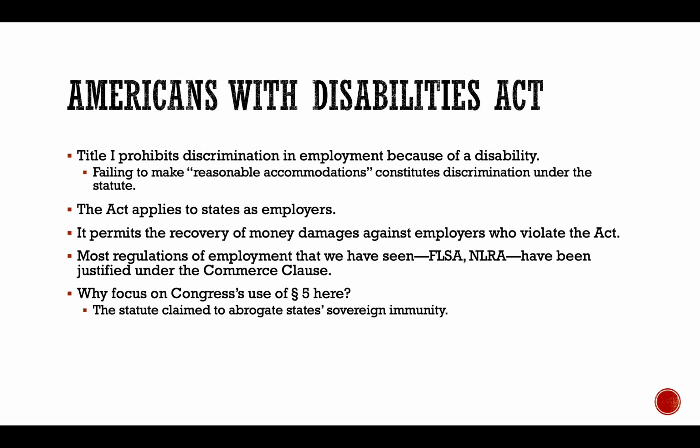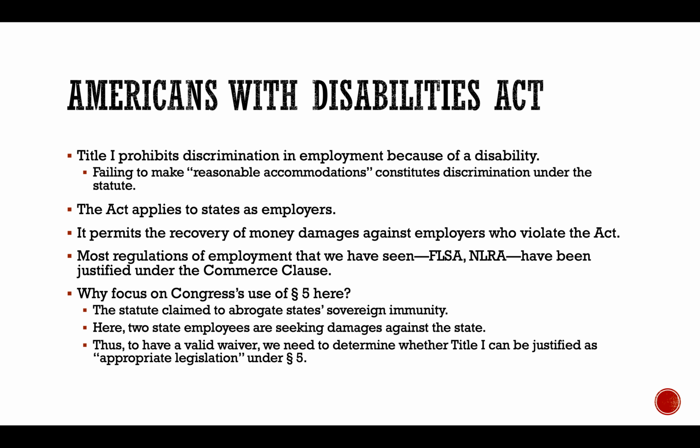So Congress wants to waive the state's sovereign immunity from suit should they violate the requirements of Title I of the ADA. And in this case, this is a consolidated case, two different state employees are seeking damages against the state. Thus, we would need a waiver of sovereign immunity in order to proceed with these damages claims.